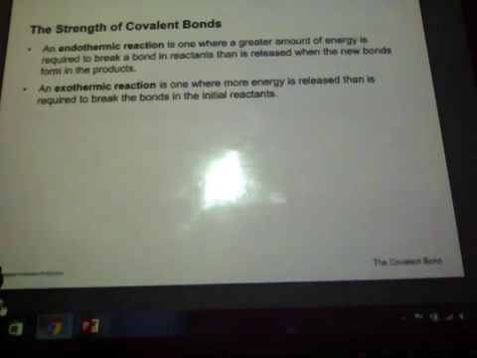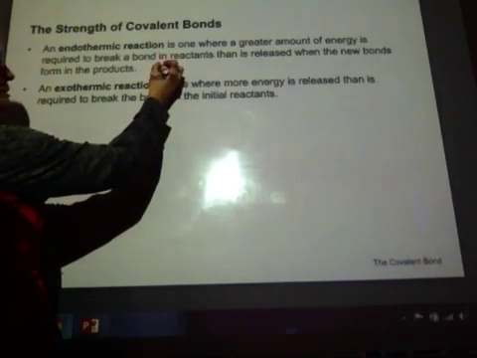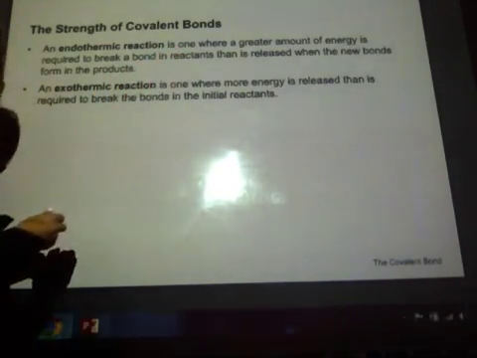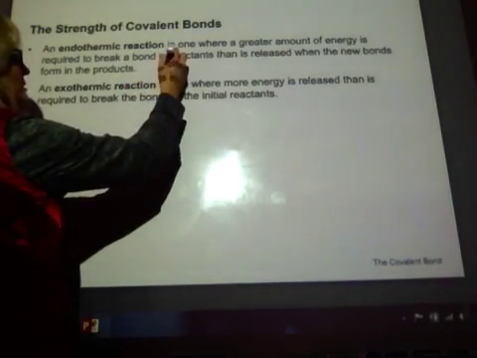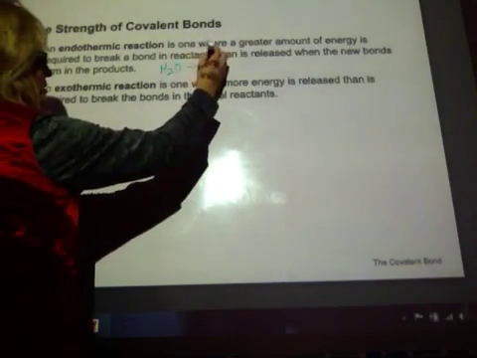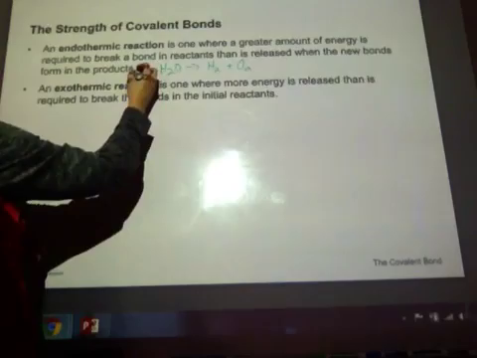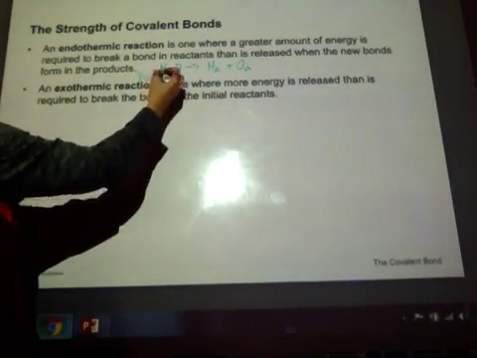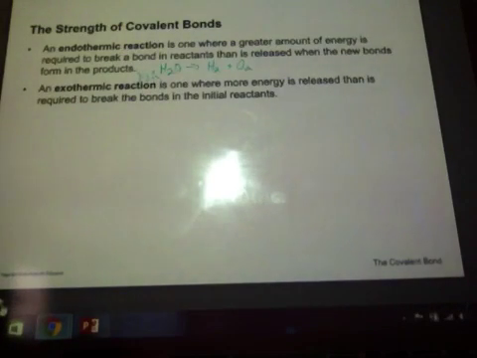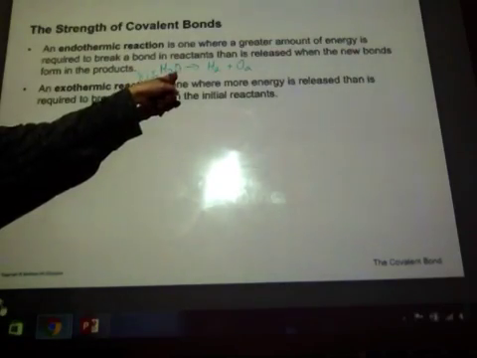So a good way to show that is if I have a reaction, so let's say I'm going to take water and break it into hydrogen gas and oxygen gas. If my energy is on this side, that means that energy is coming in. It's endothermic. It needs energy to break water apart.